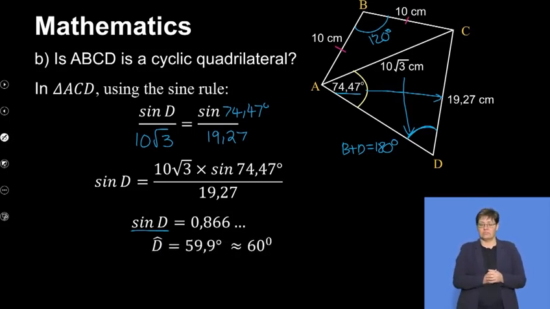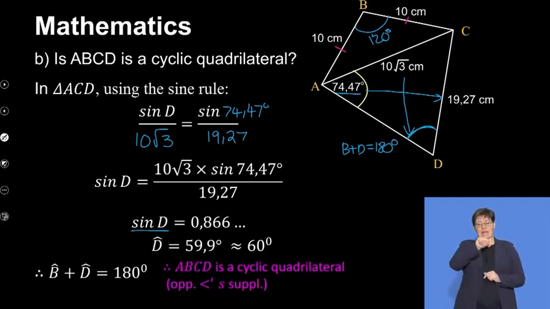Okay, so if you click shift sine, we end up with D being roughly 59,9, which is approximately 60 degrees if we round it off, which means now B plus D is equal to 180 degrees, and that means we've now proved that ABCD is a cyclic quad, because we've just proved that the opposite angles are indeed supplementary.